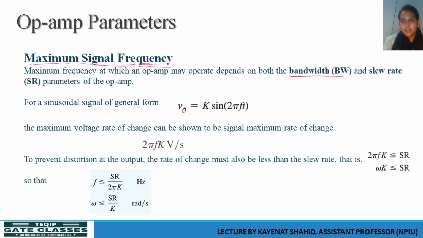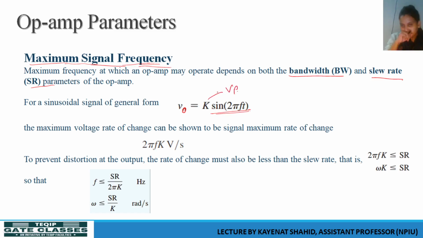Because the op-amp works from DC to AC voltage, it can work from 0 hertz to a certain hertz. That's why we talk about bandwidth and the slew rate. The slew rate depends on the rate of change of the output voltage. For a particular sinusoidal wave, K sine 2 pi ft, K is nothing but the peak voltage.